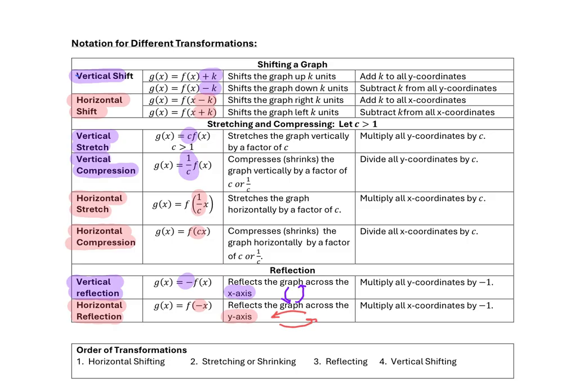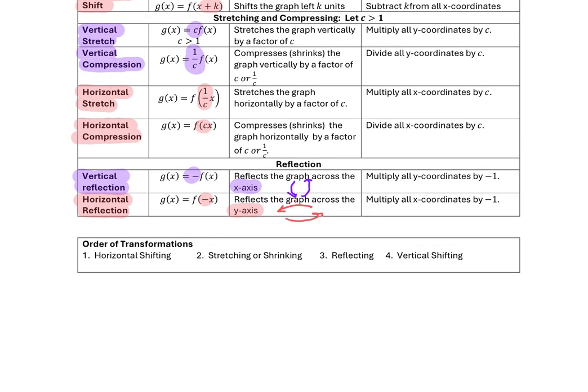All right, finally, because we are going to be combining a bunch of things together here, we do want to know our order of transformations. And this is the general order. We can do things, and we're going to see an example where it kind of changes. In general, our order of transformations is going to be this.